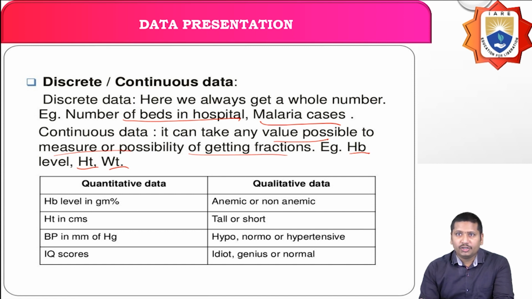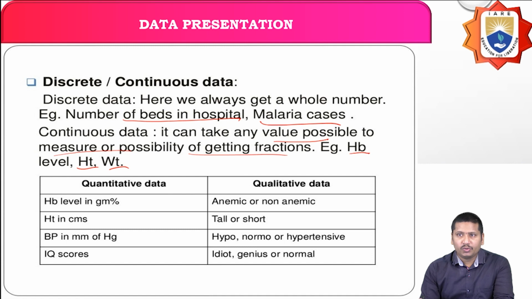Continuous means it can take any value possible to measure, or there is a possibility of getting fractions. Examples are hemoglobin level, height, and weight.